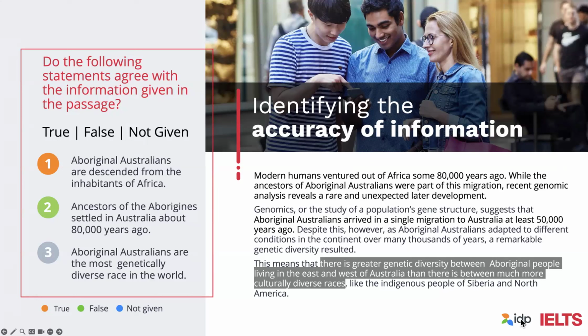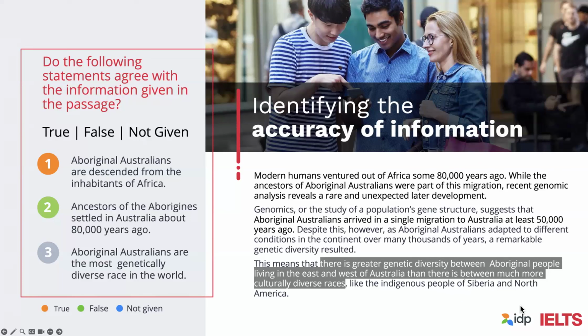Well, one is superlative. If we're looking at Aborigines or Australians are the most, and when you look at the sentence, it's not really saying there is a greater genetic diversity, but it's not the most. In other words, if we look at the superlative in the question, we don't find a superlative in the answer. Look at the most. It says they are the most genetically diverse. And when you read the sentence, it doesn't say anything about being the most.